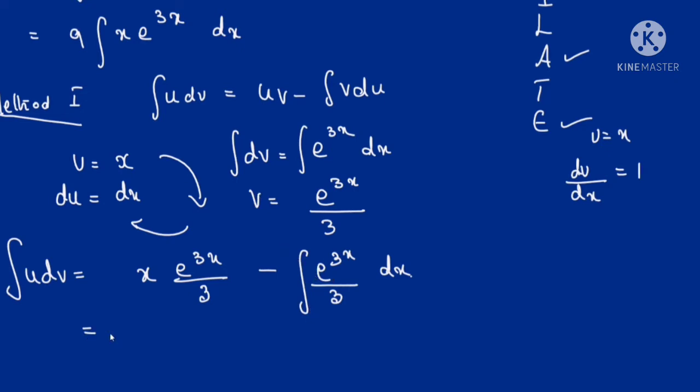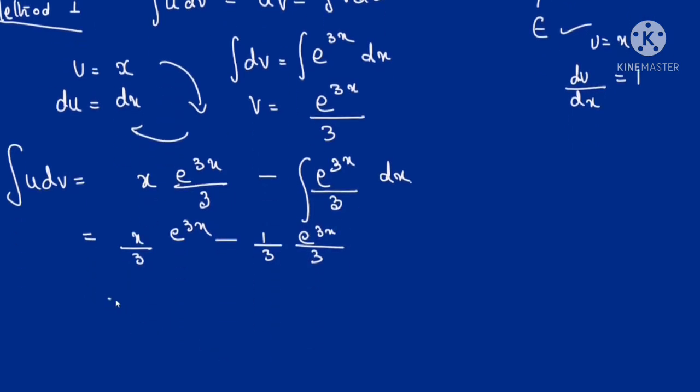So we have x by 3 e power 3x minus 1 by 3 times the integral of e power 3x. Integrating e power 3x gives e power 3x by 3. So it is x by 3 e power 3x minus e power 3x by 9.